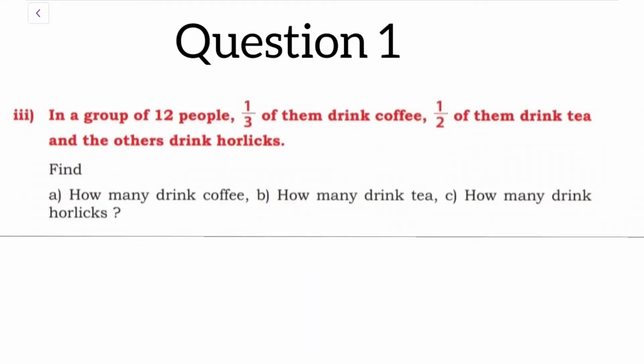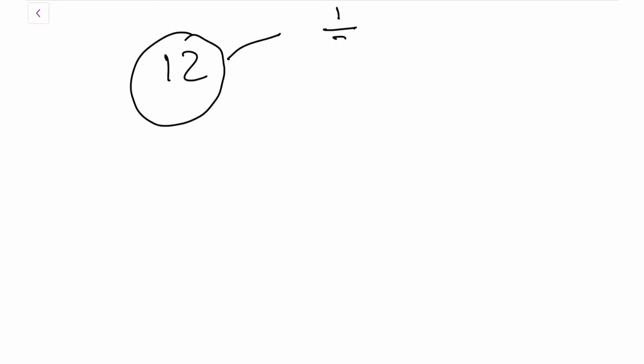Let's work that out. So, altogether we have 12 people. And they're saying 1/3 of 12 drink coffee. And out of this 12, 1/2 or half of them drink tea.